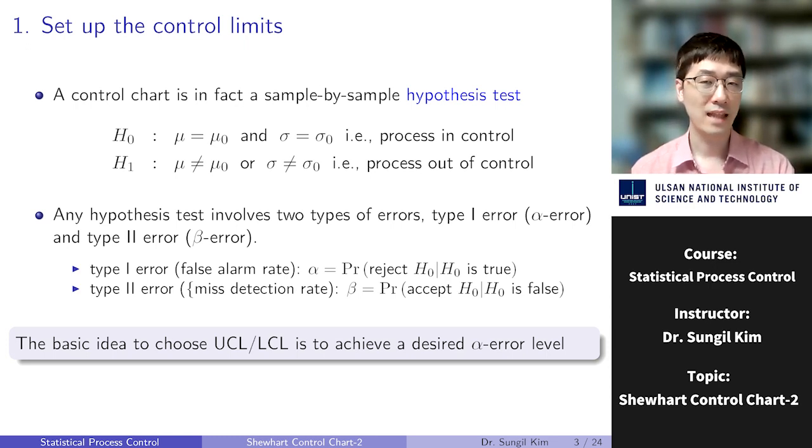Any hypothesis test involves 2 types of errors: type 1 error, say alpha error, and type 2 error, say beta error. Between these 2 types of error, type 1 error is related to the upper control limit and lower control limit. Actually, the basic idea to choose the upper control limit and lower control limit is to achieve a desired alpha error level.